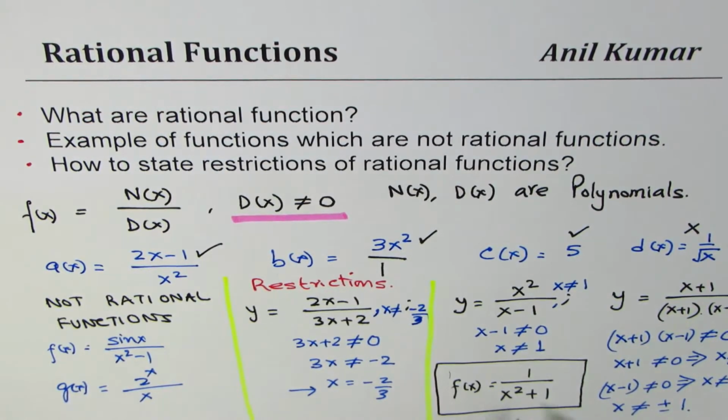So you could have rational functions without any restriction in their domain, correct? So that is possible. I hope with this video you have understood basically what is a rational function, what is not a rational function, and how to find restrictions for any given rational function.